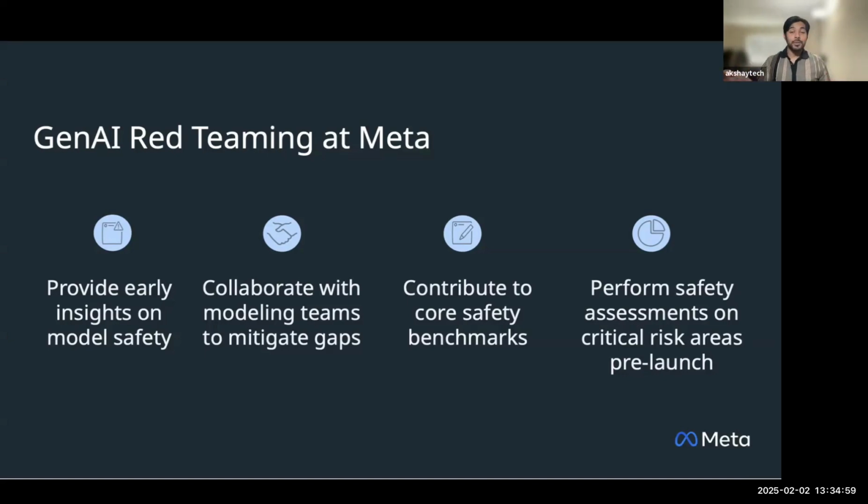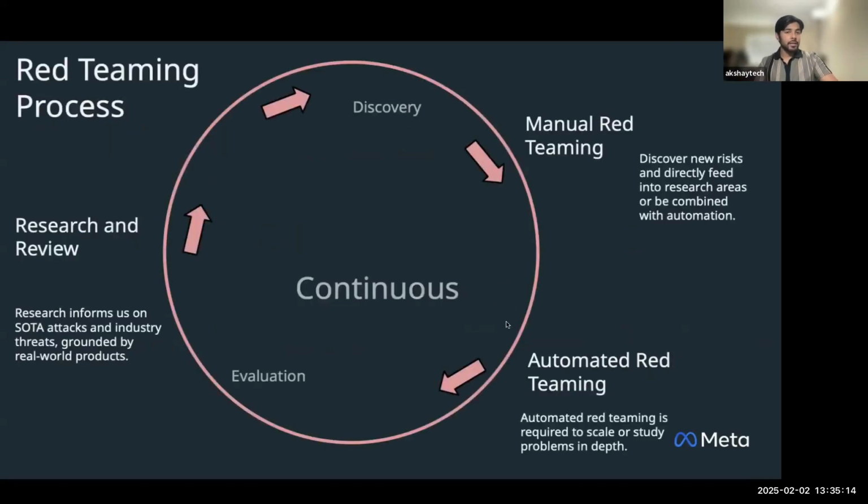And so, we've still not been able to ship that. And I'm really sad because it's like my baby project. So hopefully, we're able to finish building it and improving the model. But yeah, that's an example of what red teaming looks like at Meta.